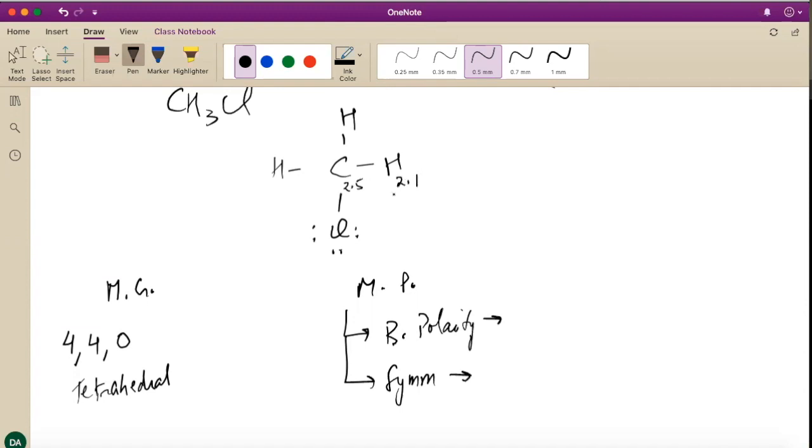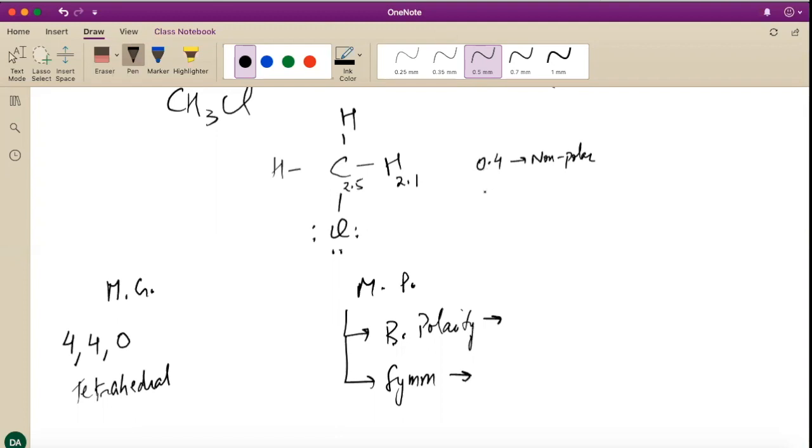That gives you a polar or non-polar bond, guys? 0.4 is polar? Look at the table again. Non-polar. 0.4 is non-polar, guys. Remember, 0 to 0.4 is non-polar, and 0.5 to 1.8 is polar. So 2.5 minus 2.1 is 0.4, and 0.4 is non-polar.